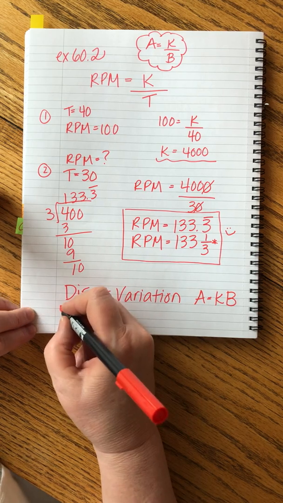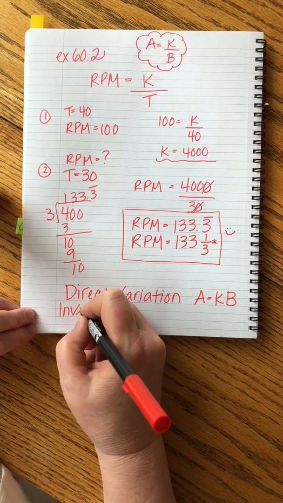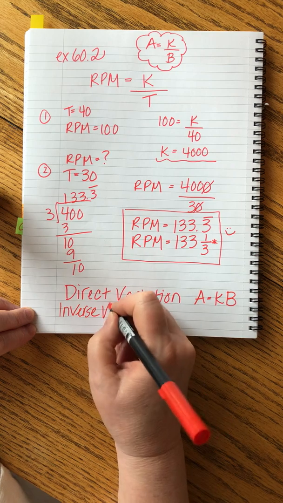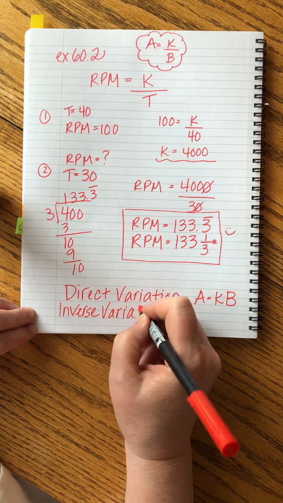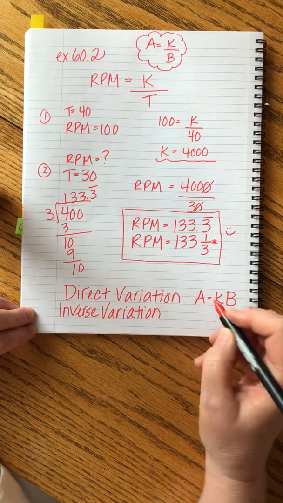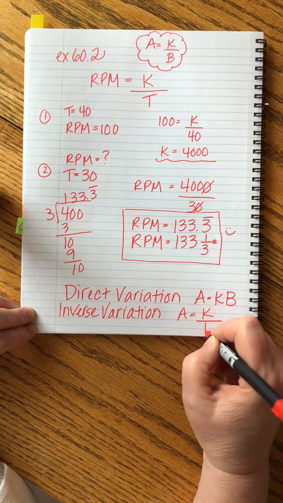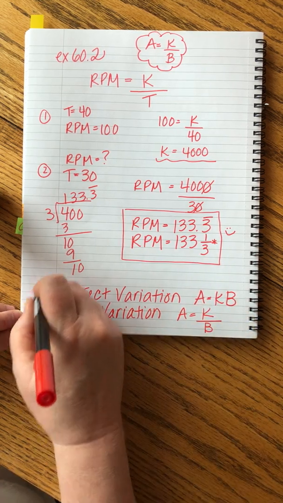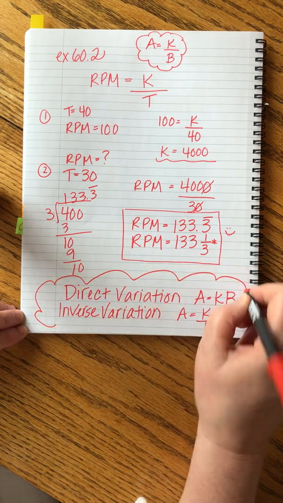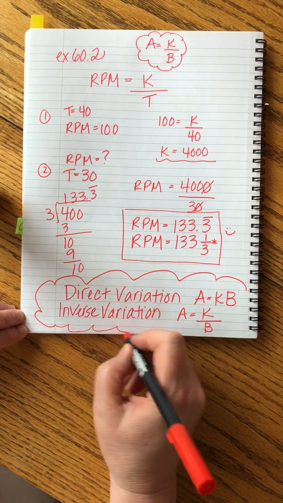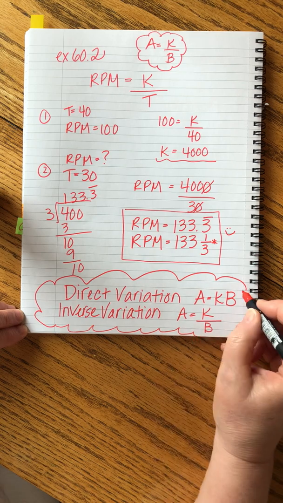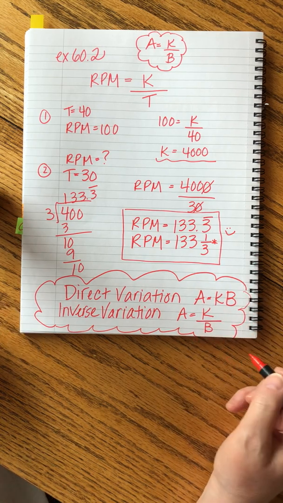Follow the flow of the sentence. An inverse variation is A equals K divided by B. All right, I wish those two words fit together in your pocket a little better. Direct and inverse doesn't sound quite like they're buddies, but they are.